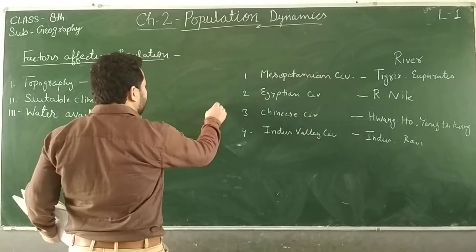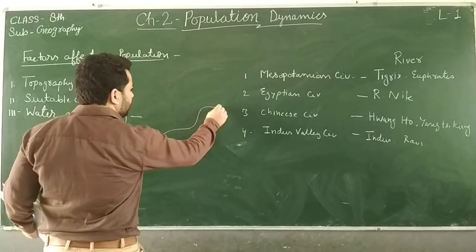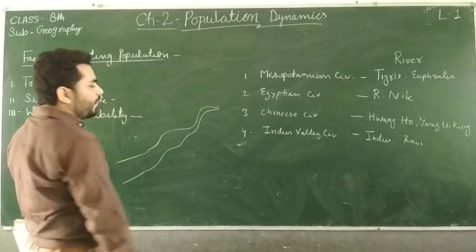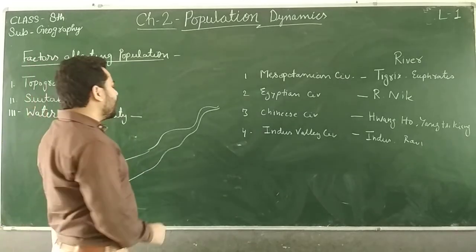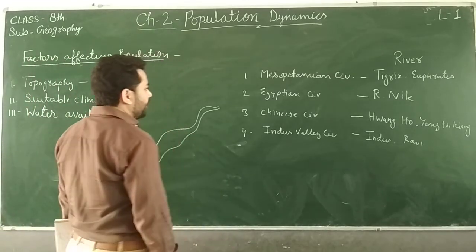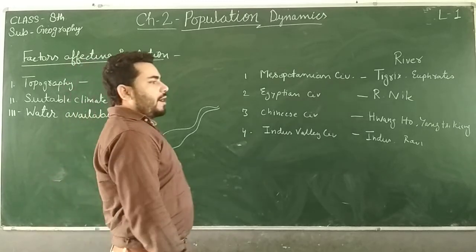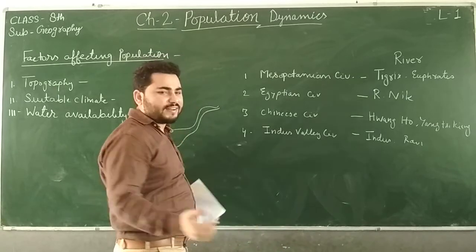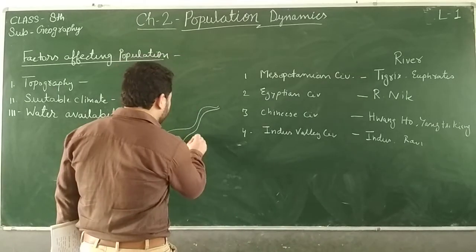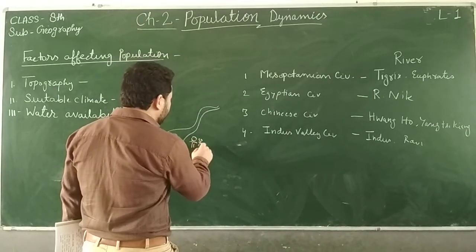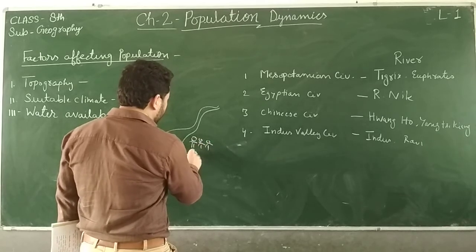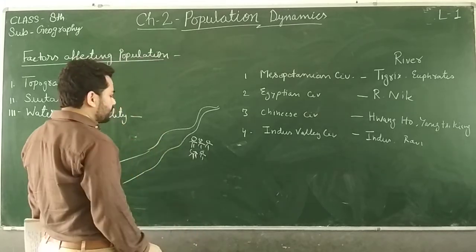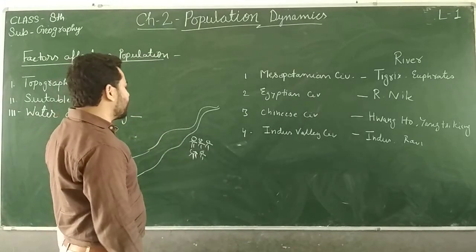Why people prefer to live near the rivers? Why? Because of the availability of water, right? Earlier, our ancestors were hunters and gatherers. They started settling, and when they started settling at one place, their population grew, right? So why did they prefer to settle at the plain areas near the rivers?